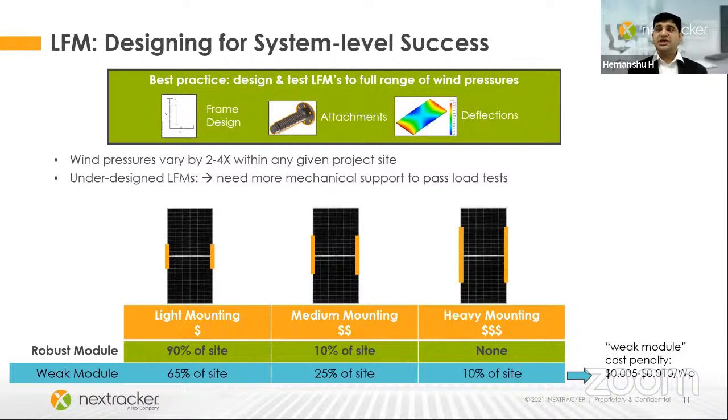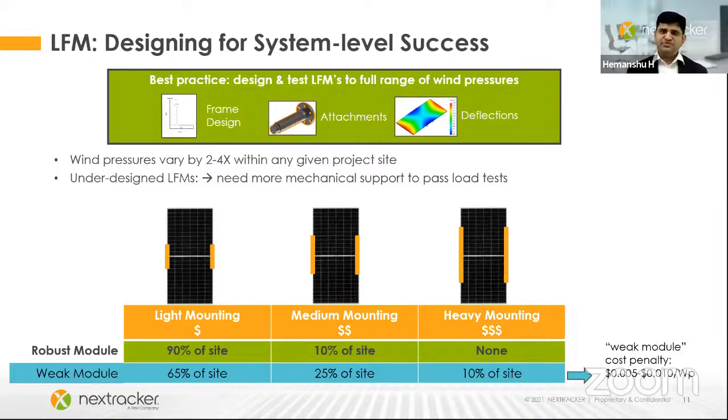Is it installed in the interior portion of the layout? Is it installed in the exterior portion of the layout? And that's going to really determine the overall mounting mechanism for the modules and the tracker. And so an under-designed large format module is going to need more mechanical support to deliver the required pass load test, to deliver what is required from the module.